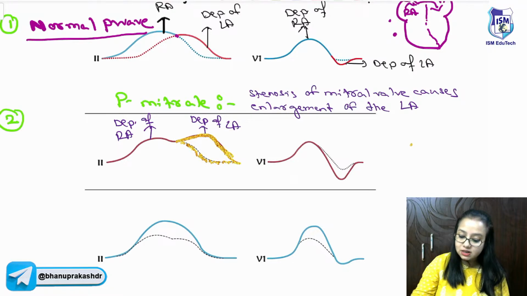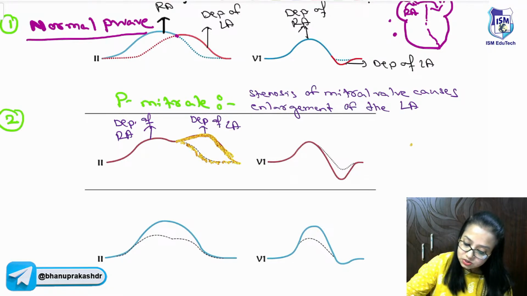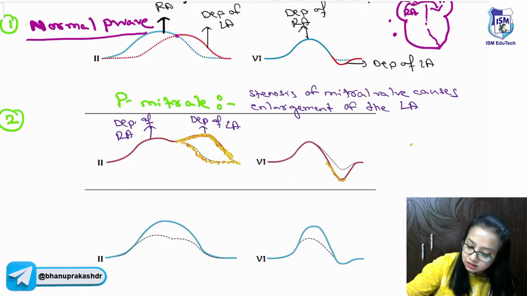Similarly, in V1, you see the amplitude has become slightly steeper, and the biphasic part lags a little below.